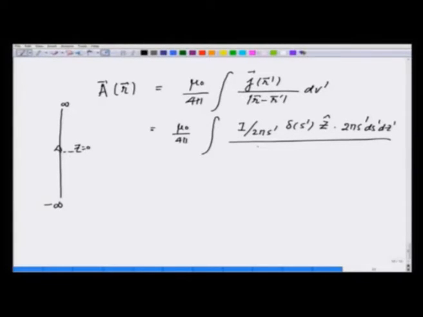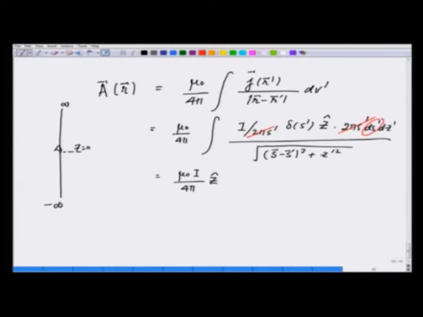So, this is going to be square root of s vector minus s prime vector squared plus z prime squared. Since s prime goes to 0, this becomes mu naught I over 4 pi in z direction, and you can see this 2 pi s prime and 2 pi s prime cancel.